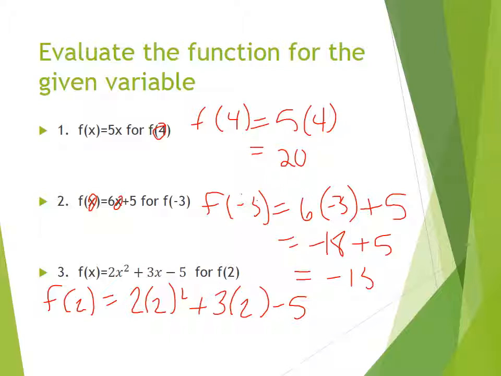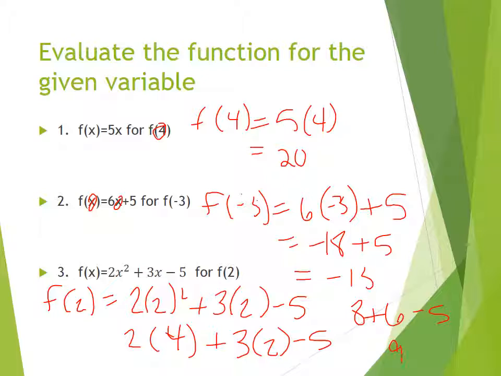So in the order of operations, 2 squared gives us 4, so I have 2 times 4, plus 3 times 2 minus 5. 2 times 4 gives me 8, plus 6 minus 5 gives me 14 minus 5, which is 9.